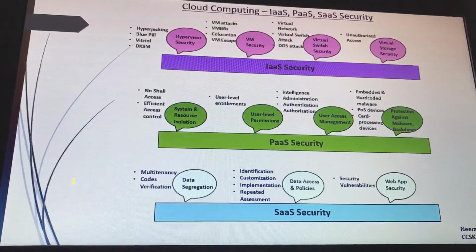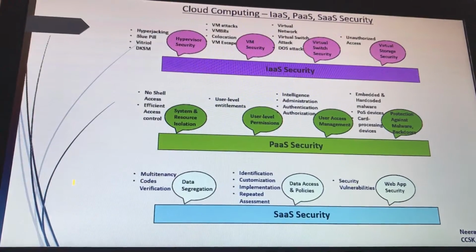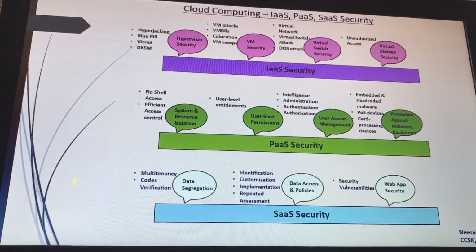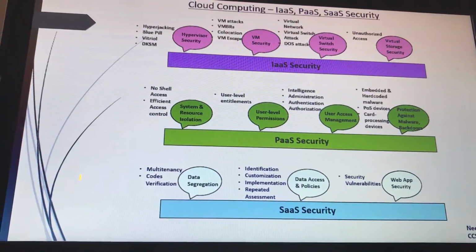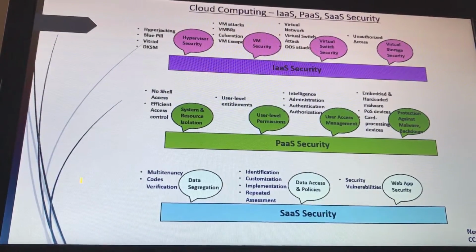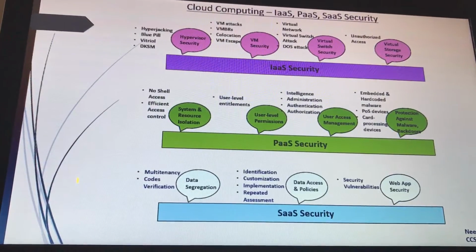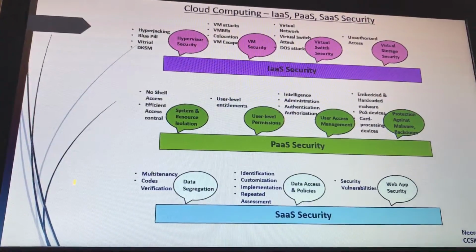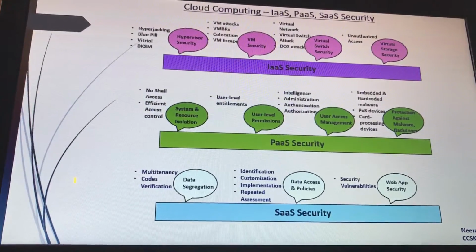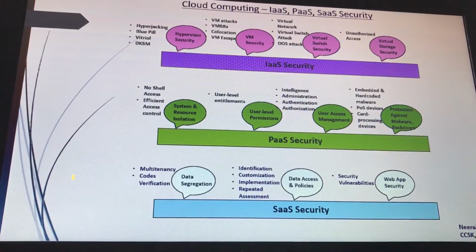So malicious users have high confidence and a high attack surface vector on the hypervisor. So hypervisor security is a very important part of infrastructure security. Next is VM security.